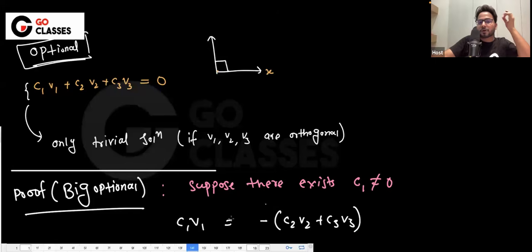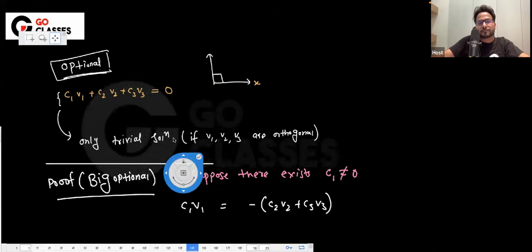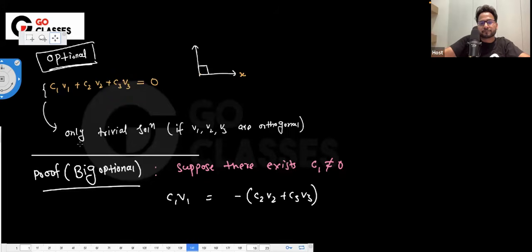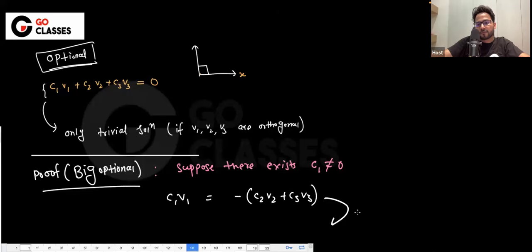Now you can multiply by v1 on both sides. If you multiply by v1 on both sides, what will happen? This will be c1 and v1 transpose v1, so it will be v1 square basically.